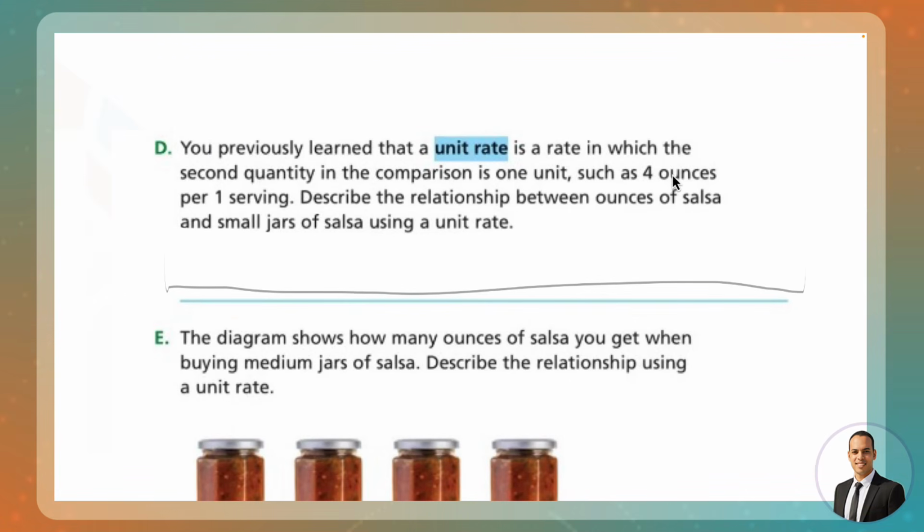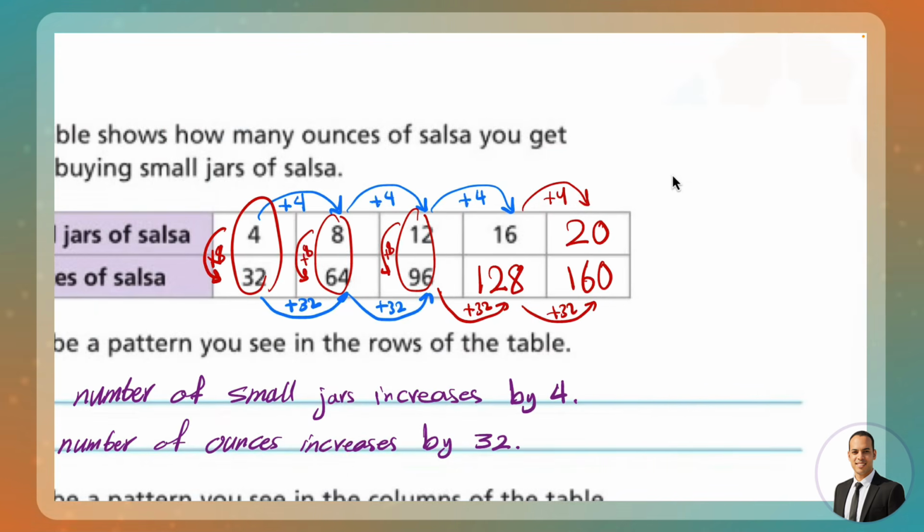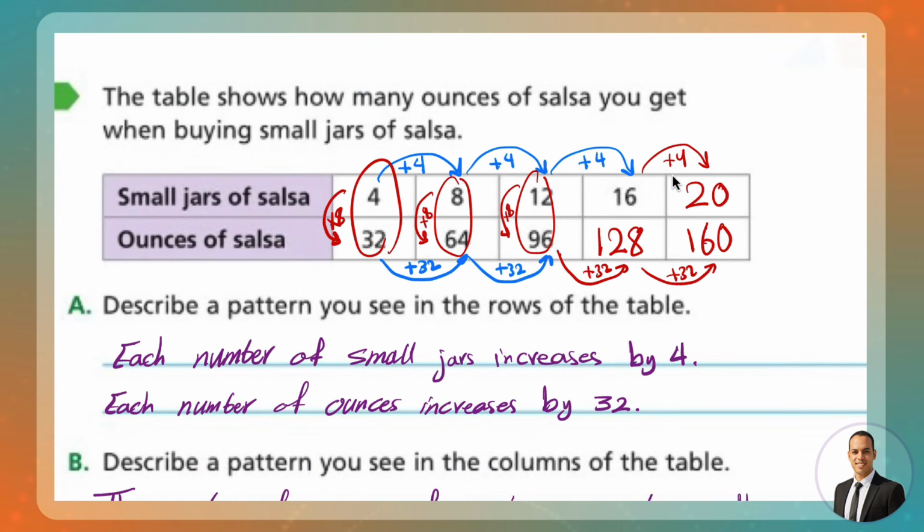Letter D. You previously learned that a unit rate is a rate in which the second quantity in the comparison is 1 unit, such as 4 ounces per serving. Describe the relationship between ounces of salsa and small jars of salsa using a unit rate. So a unit rate here means not for 4 jars or 8 jars or 12 jars. We need to know for every jar, for 1 jar.